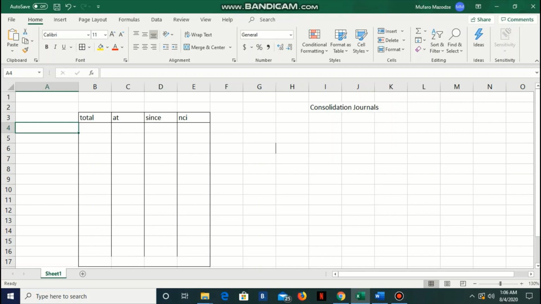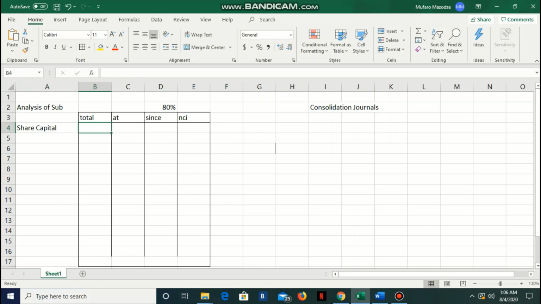Welcome back, guys. So as you can see, I have my analysis here. This is the analysis of sub, and in my example I said we're acquiring 80% of sub. So the first step is you analyze what happened at acquisition. This is why all of this is going to the second column, which is at acquisition.